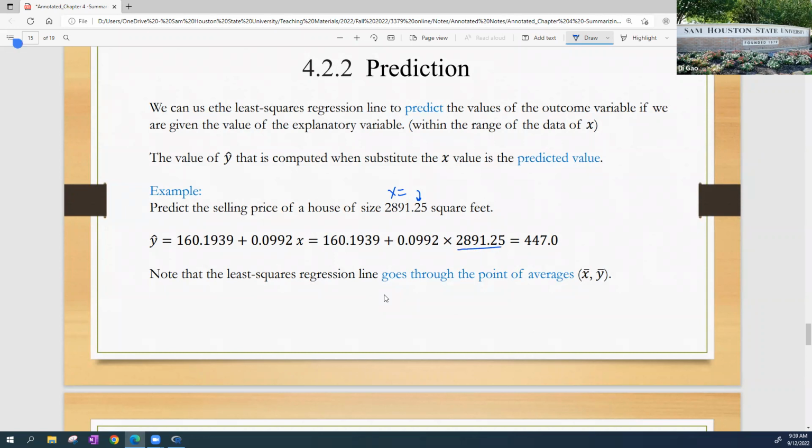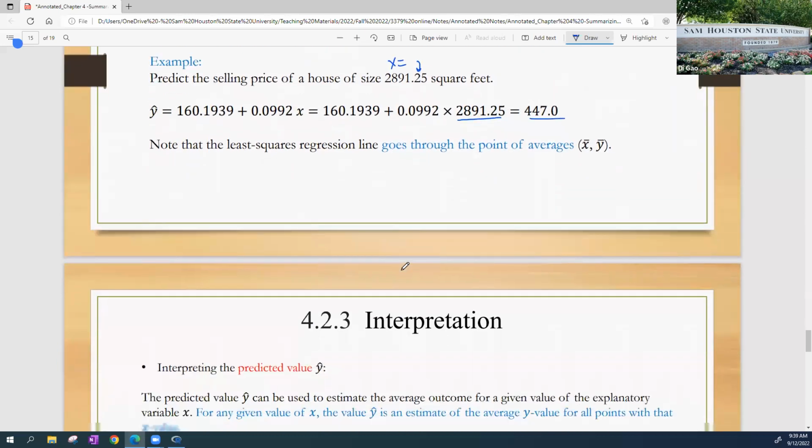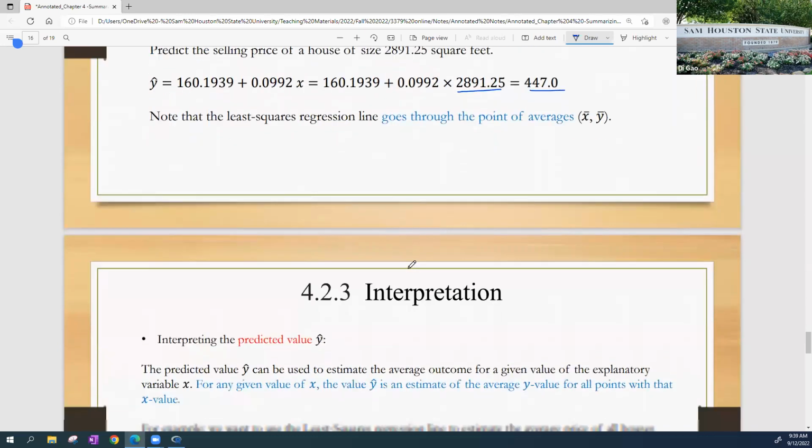Note, this happens to be x bar, and this happens to be y bar. That means when we plug in x bar, we get y bar. That means the least square regression line goes through the point of averages. So when you plug in x bar, what you get is y bar. And that's how we get the predicted value. For any other number within the range of the data, you can plug in and get the predicted value.